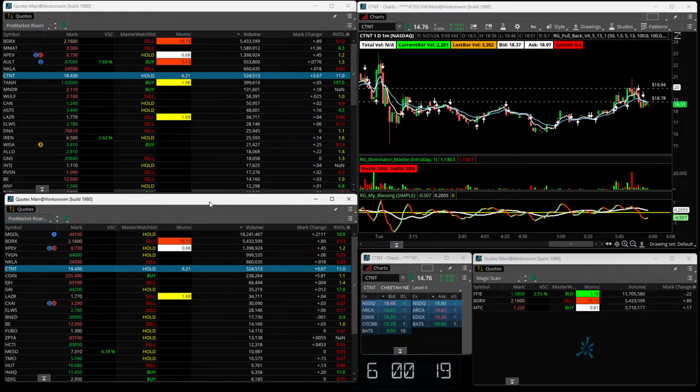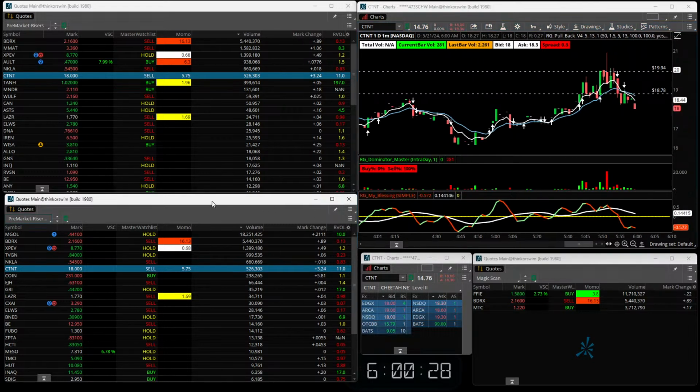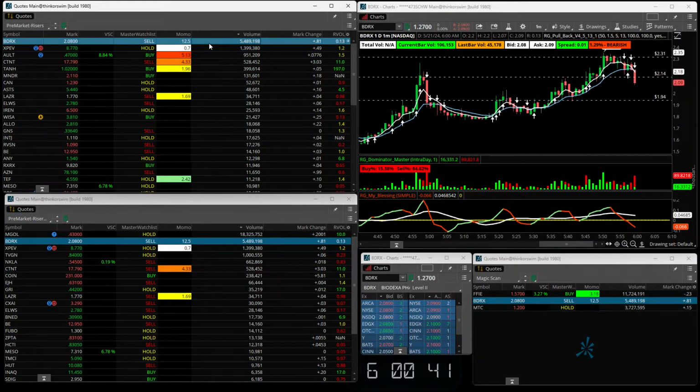Well, it's not moving yet. We zoom in a little bit more. The RDX pulling backwards. This one's been moving a little this morning as well before our market opened.